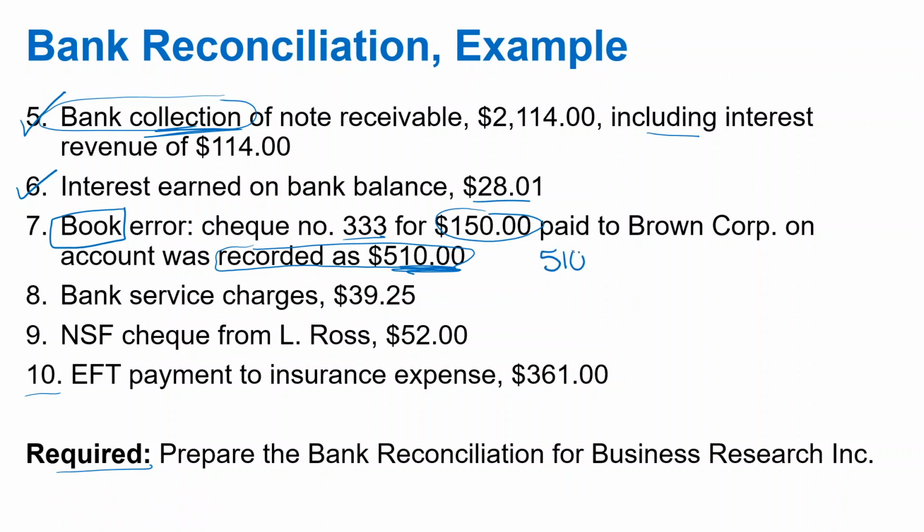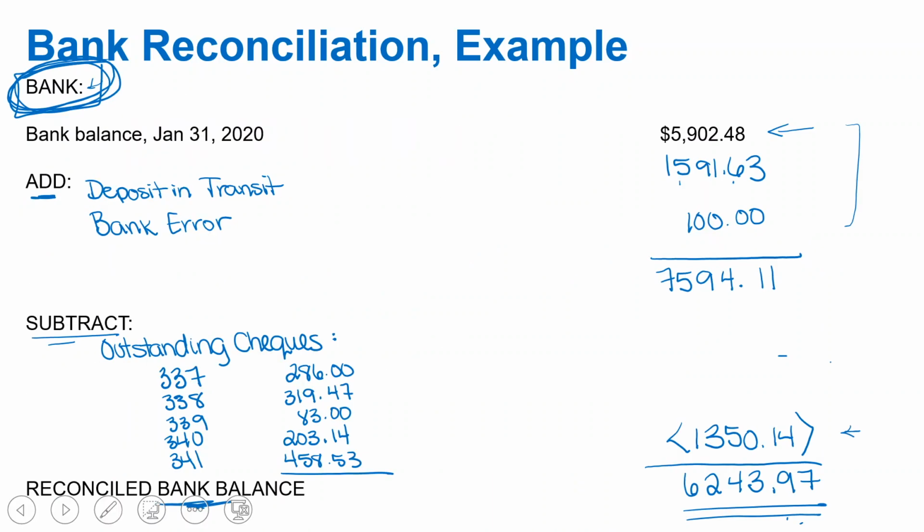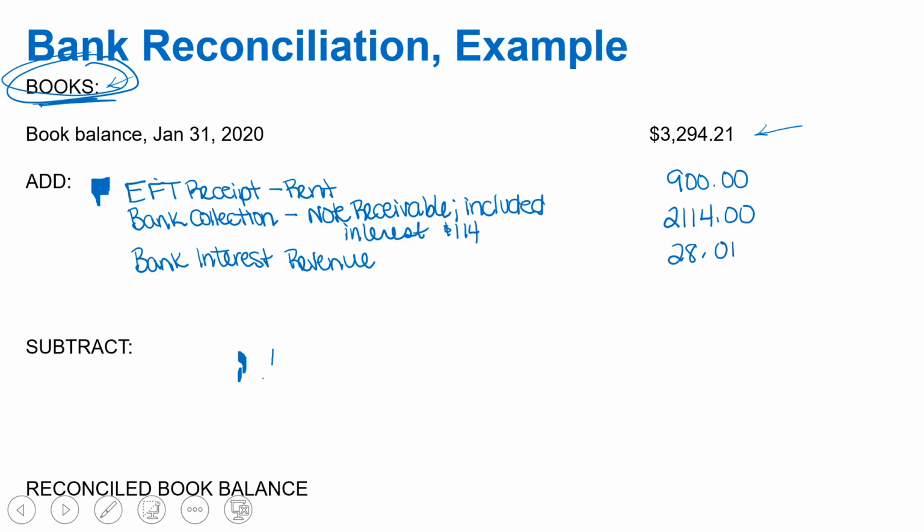Therefore, to correct that, we need to add back the difference. So we took $510 when we should have only taken $150, and the difference of these is $360. So this needs to be added to the book side. So we go to our book portion, and we're adding this book error correction.